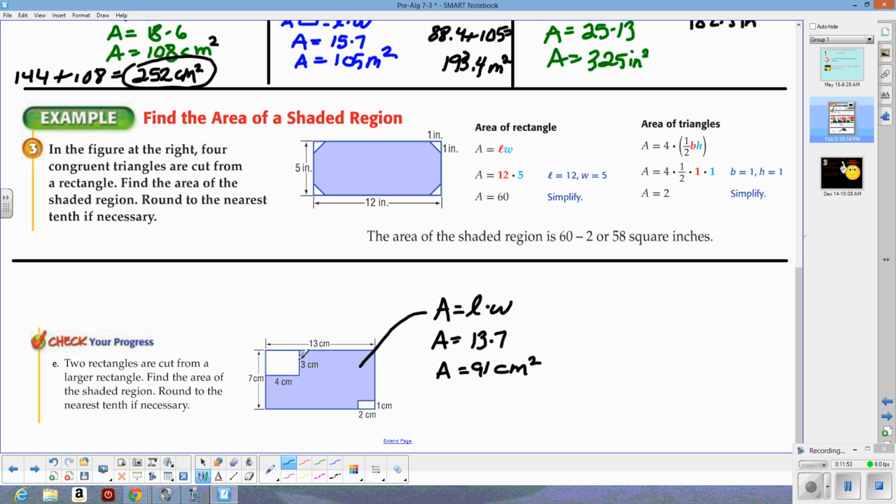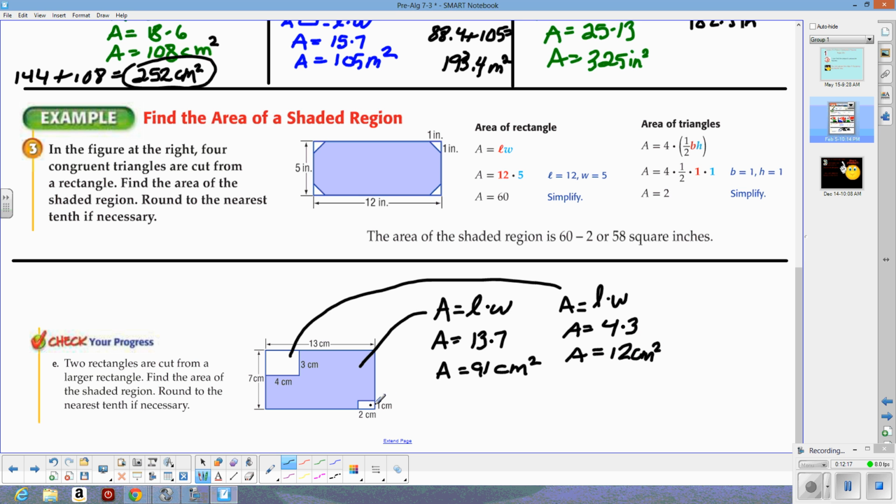Now we're going to go ahead and find the area of these pieces that are cut and thrown away. Area equals length times width. Area equals 4 times 3, or 12 centimeters squared.